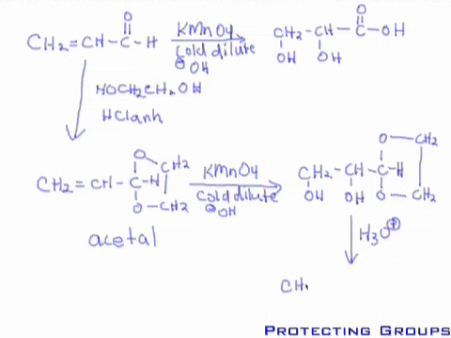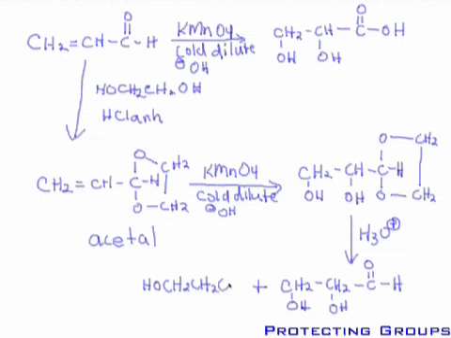And you'll get your CH2OH, CH2OH, C double bond O, H, plus of course the ethylene glycol. And you were able to put the 2 OHs, oops, that should be 1 H there, the 2 OHs on without oxidizing the C double bond O.